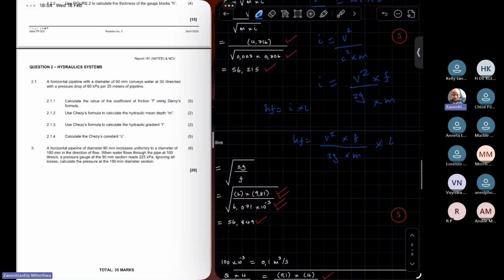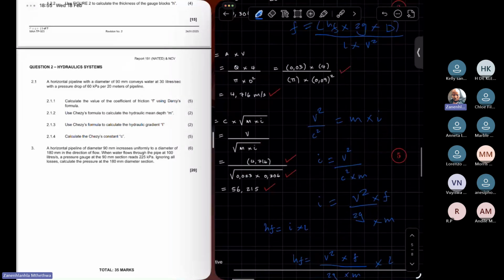Okay, and then to get F, you have to say F is equal to HF times 2 times M divided by V squared times L.